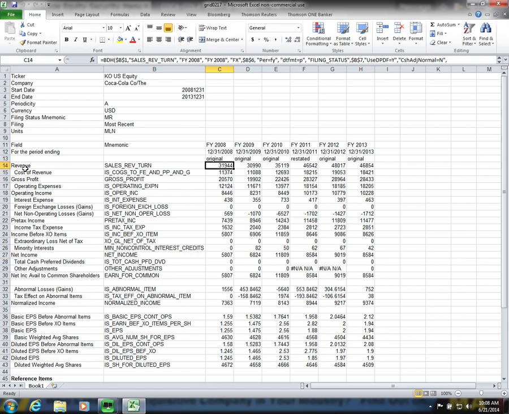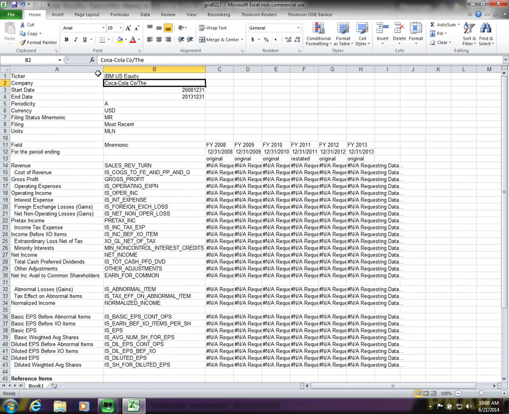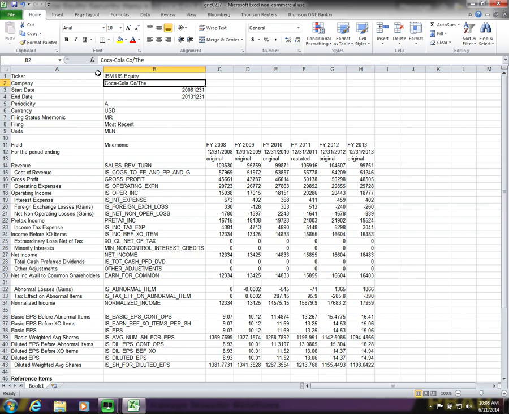And what would be nice is I could even come in here and change this from Coke to, I don't know, IBM, hit enter, and then basically it will refresh it with IBM's data because the database is based on the code in Bloomberg. So that's actually one of the nice features of Bloomberg, is that I can set up these auto refreshing templates or templates that can quickly change company data.